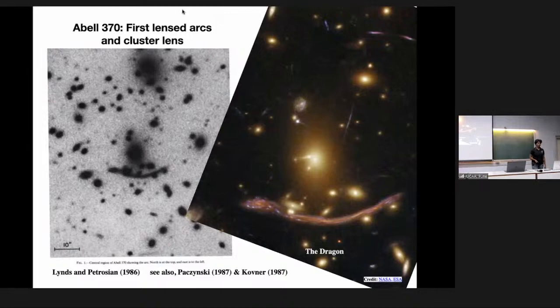And this is now again a very visually captivating example of gravitational arcs, and you can see many of these knots which correspond to the sites of star formation. So we can get a very detailed view of this galaxy, which is at a very high redshift. So one can use these kind of systems to study the background sources.